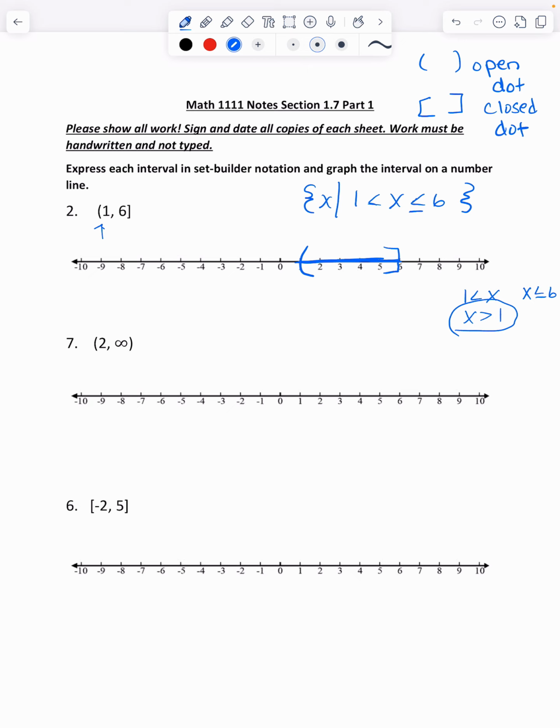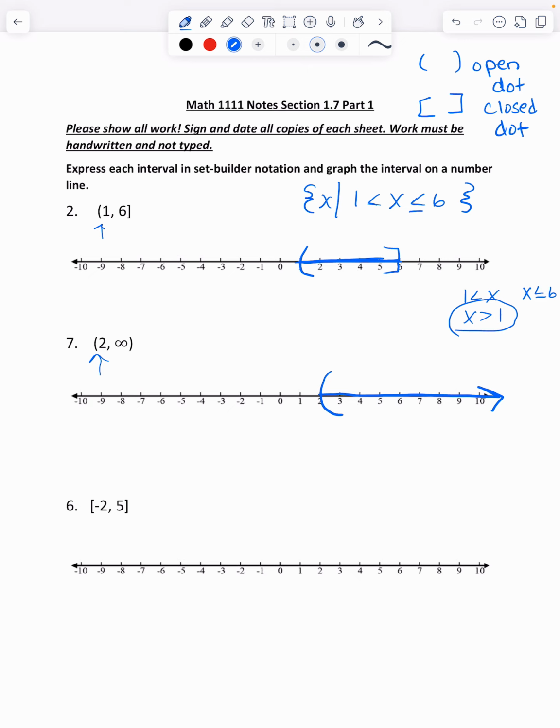The ones like number 7, we're going to graph first. Remember, I'm reading left to right. I'm going to start at positive 2. It's a parentheses, and it goes toward positive infinity. So it's going to go in this direction and keep going. You'll never have a bracket on an infinity because you never reach infinity. You just get closer and closer.